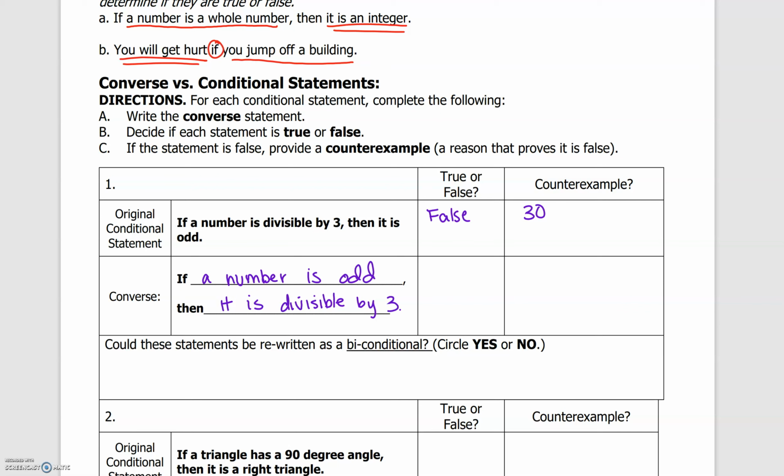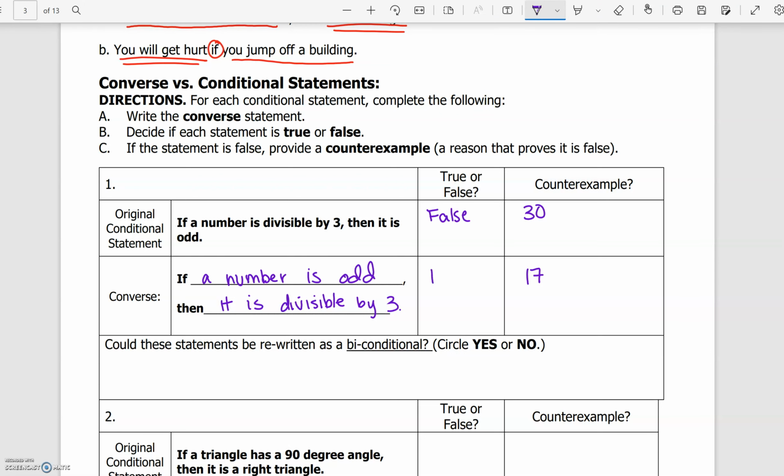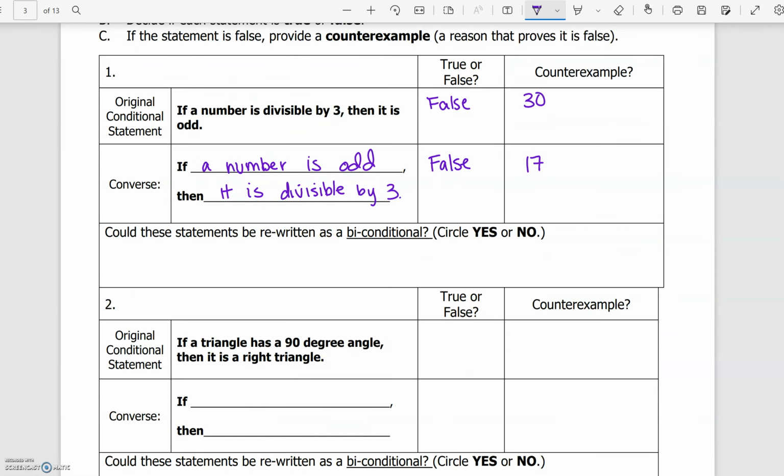So we would look to see for any and every odd number, if those are divisible by 3, to try and come up with a counterexample, because if we can come up with a counterexample, then we know it is false. And we could think of 17. 17 is an odd number, but it is not divisible by 3. So that would be a counterexample.